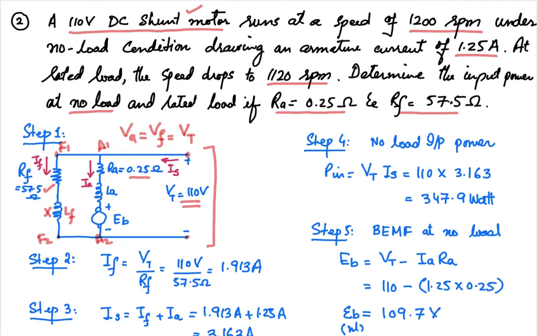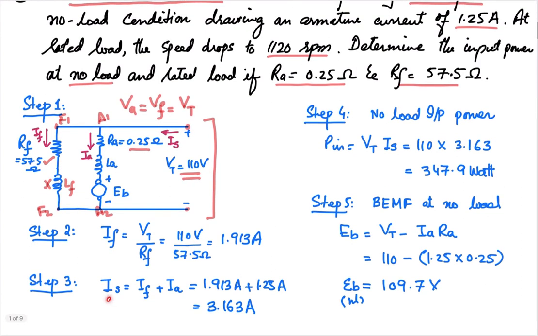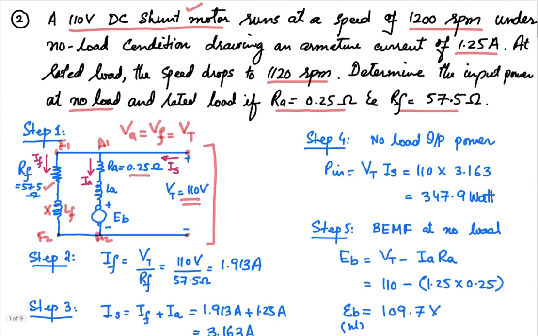Now, it's a shunt machine, so the supply current IS is the sum of the armature current and the field current. You can write the equation IS is equal to IF plus IA. The field current is 1.913 ampere, and the armature current is given: at no load your machine is taking only 1.25 ampere.